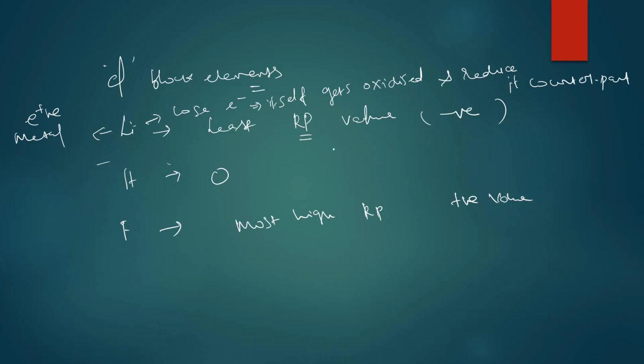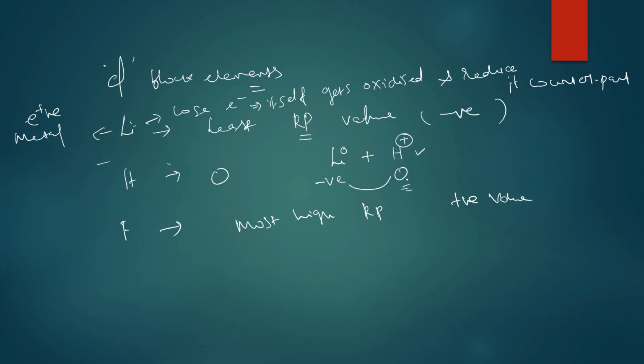Let us take lithium when it is treated with H plus ion, right? So lithium has the most negative value and hydrogen has zero value. When comparing these two, hydrogen has the highest value of reduction potential.